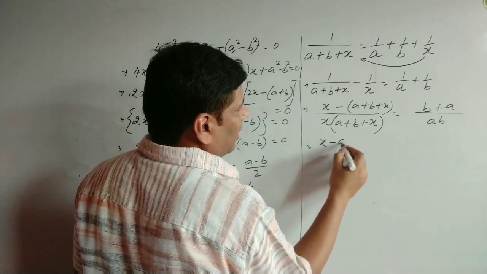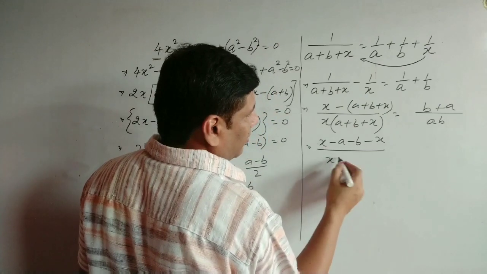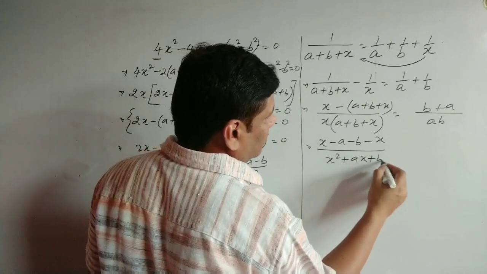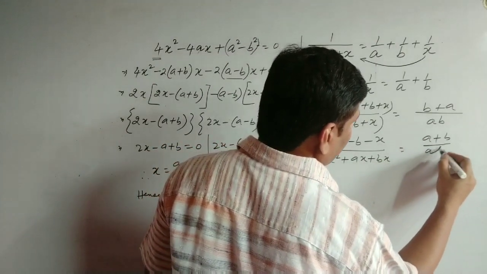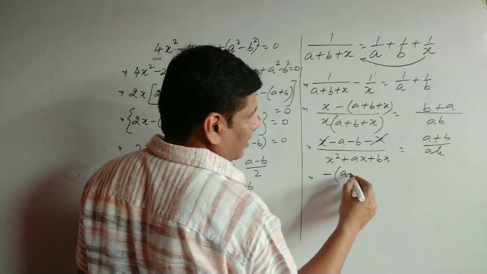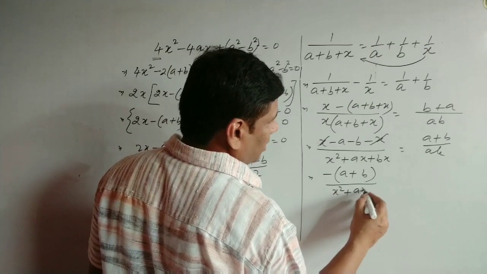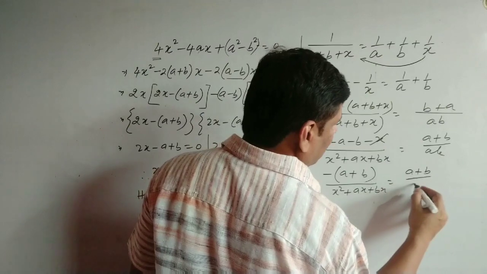Now x minus a minus b minus x will be by x square plus ax plus bx, and here it becomes (a plus b) by ab. So plus x minus x is cancelled, minus will be common, (a plus b), x square plus ax plus bx is equal to (a plus b) by ab.